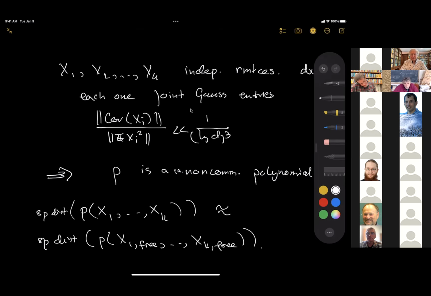Now, unlike the case of a single matrix where you have matrix Dyson equations, computing the spectral distribution of these polynomials can be a real pain. But this is something you can extract from the type of theory that we're doing.